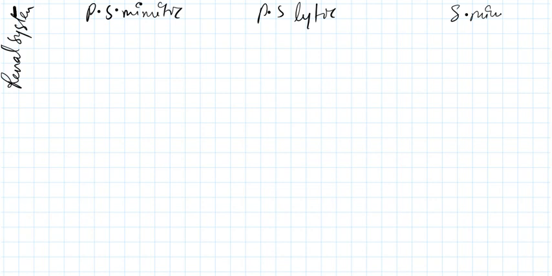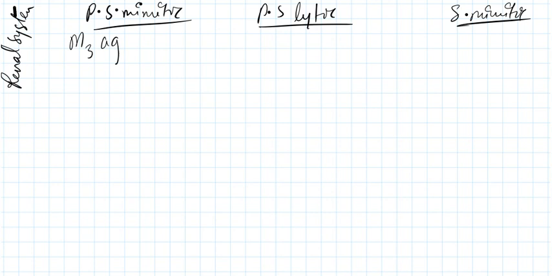Now parasympathomimetic and parasympatholytic, sympathomimetic. What are the actions that they exhibit in the case of the renal system? Parasympathomimetics are M3 agonists, which leads to detrusor contraction.